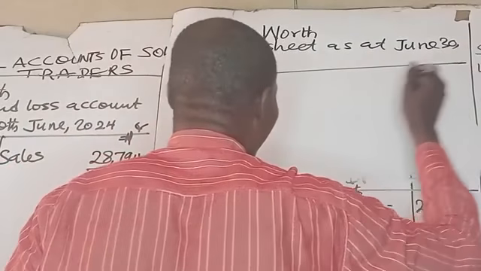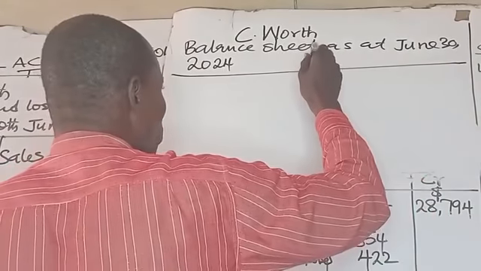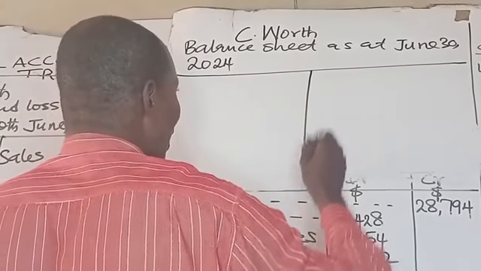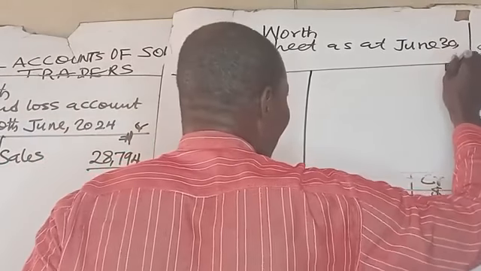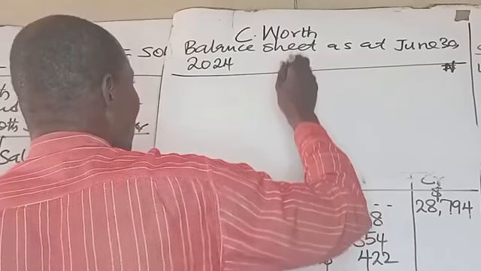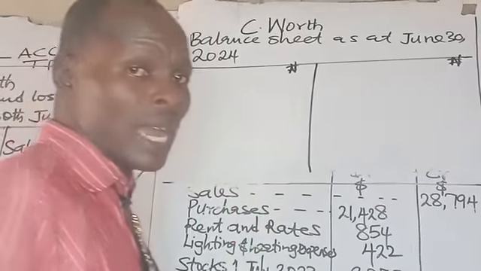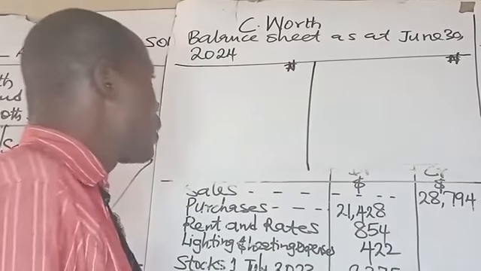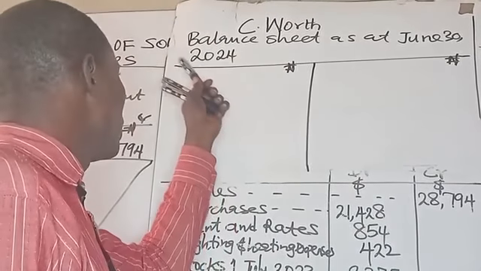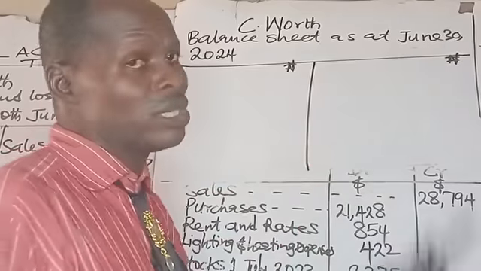So I've told you that there are two sides to the balance sheet, the left hand side and the right hand side. So balance sheet is not an account. As a result of that, it's not compulsory you put DR and CR. It's not necessary.